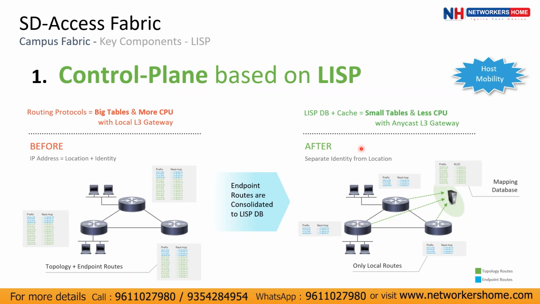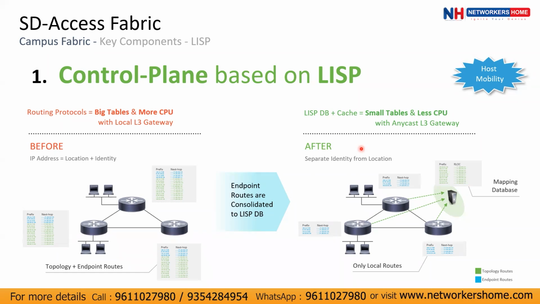Whenever we want to do any sort of roaming, that is the main use case. That is the anycast gateway concept. Any user who wants to move or roam from one building to another, we don't need to do any manual configuration on the gateway, saying this is the gateway for this particular device, or any manual changes on the policy side.